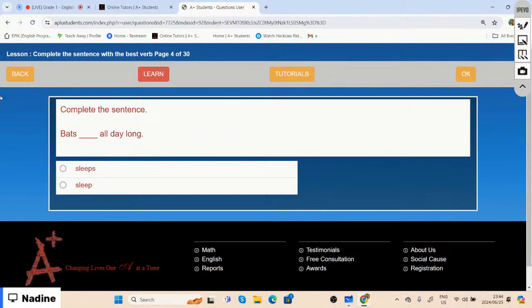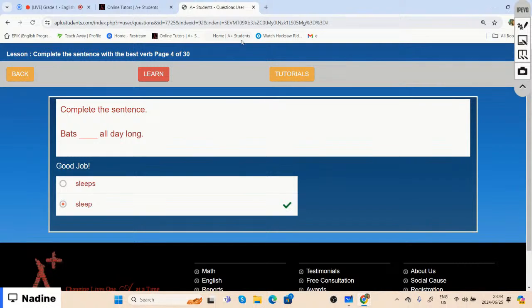All right, and if we were to choose the correct one, then we would say bats, because it's more than one bat. Yes, they sleep all day, and well done. Sleep is correct. So well done.